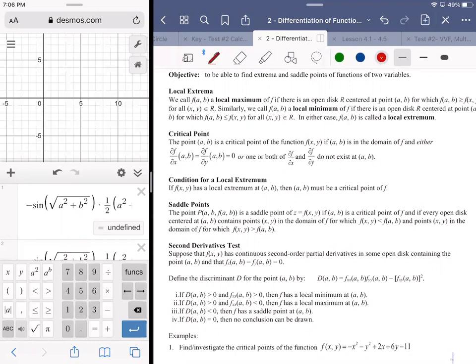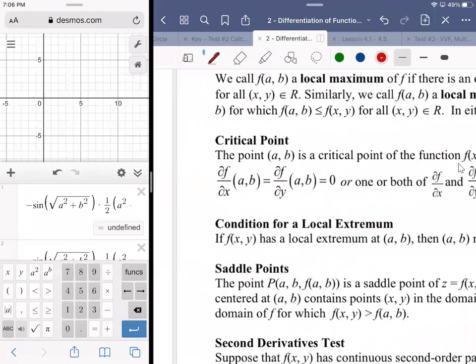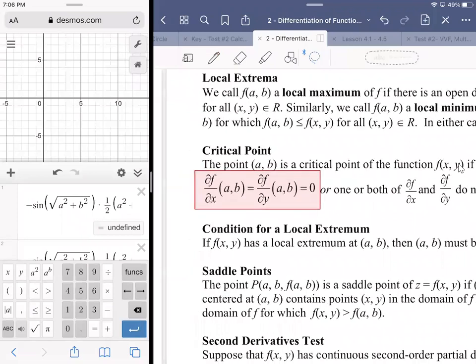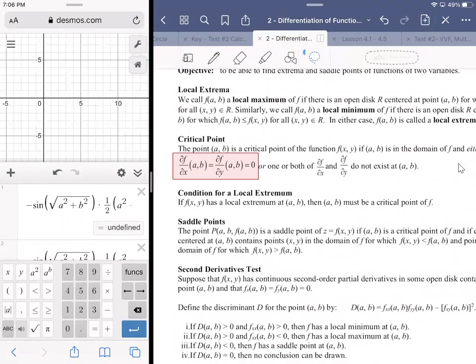The one that we tend to focus on more, because it bears fruit more frequently, is this one. Not only do the first order partials need to be equal to 0, they also need to be equal to each other.